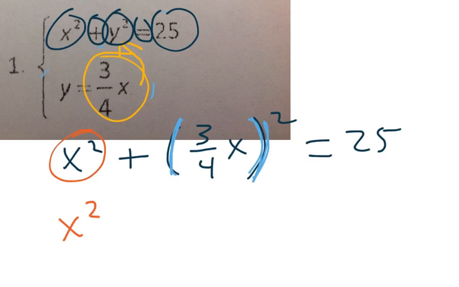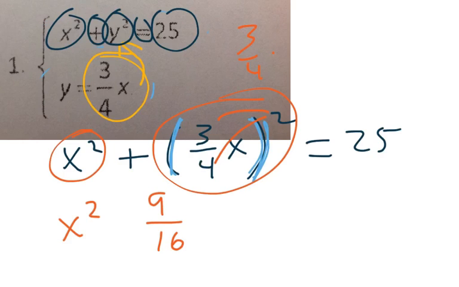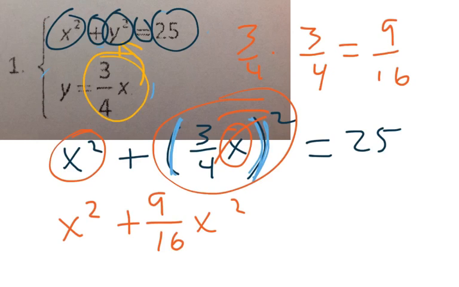But this right here, I know I can square as well. I know that 3 squared is 9, I know that 4 squared is 16. In other words, 3/4 times 3/4 is 9/16, right? And of course the x is x squared. So that's all I did right there, okay?